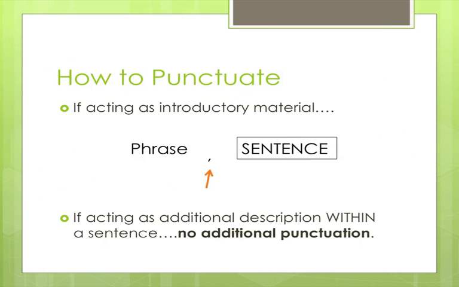So as we continue to talk about these grammatical structures, we always want to make sure that we are mentioning how to punctuate them as you add them to your sentences, and your sentences grow in length and complexity. And so 2 different scenarios. If you choose to use a phrase at the beginning of your sentence in terms of some sort of introductory material, then you're going to follow the introductory material punctuating rule, which is, if you have introductory material, that is followed by a comma, and then you get into the rest of your sentence.